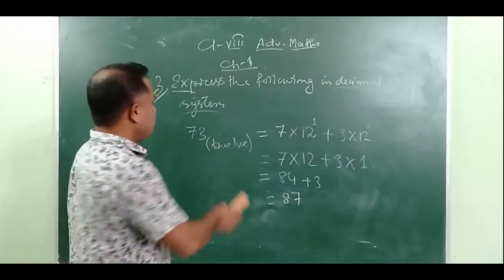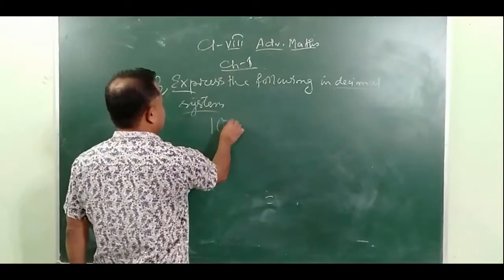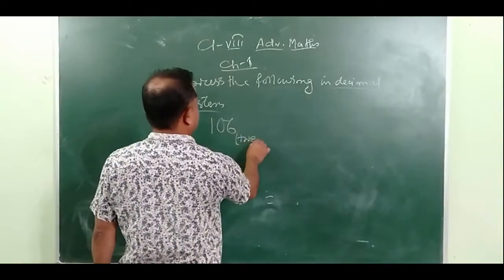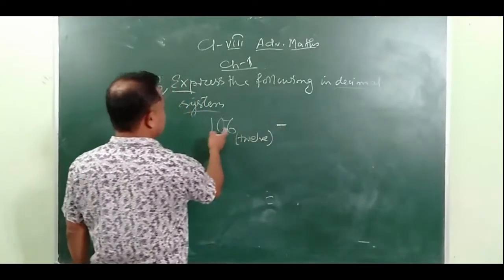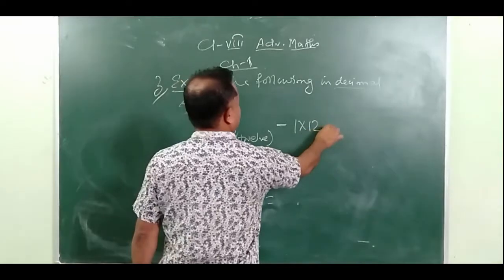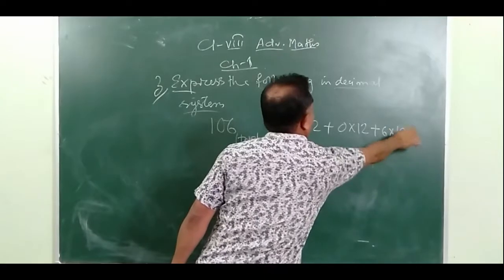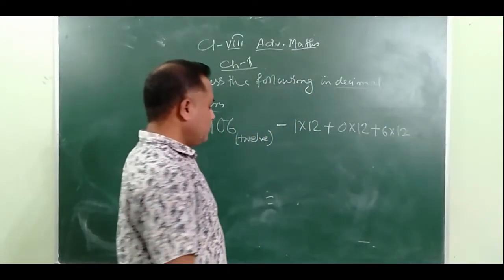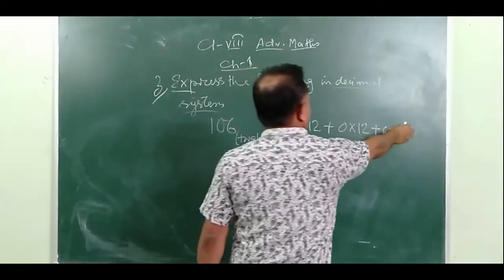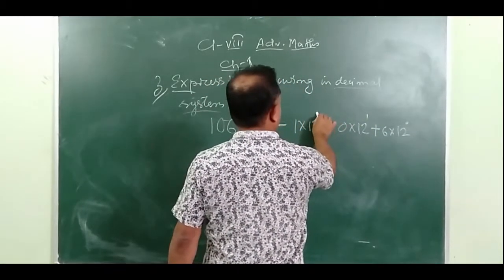Let's see another example of question number 3, that is 106 to the base 12. This is of 3 digits. Let's see. 1 into 12 plus 0 into 12 plus 6 into 12. Now the base's power will go on increasing from right to left. That is, here we will write 0, here it will be 1, here it will be 2.